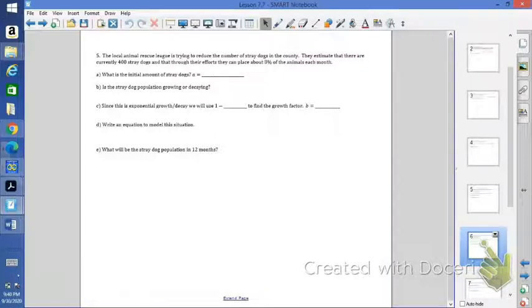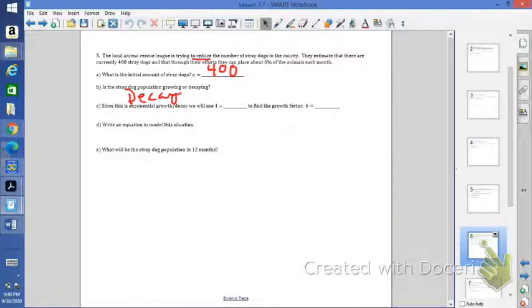Right, so what is the initial amount of stray dogs? So your a is going to equal, they currently have 400. Alright, the stray dog population is decaying. So the Animal Rescue League is trying to reduce the number of stray dogs. So we have decay.